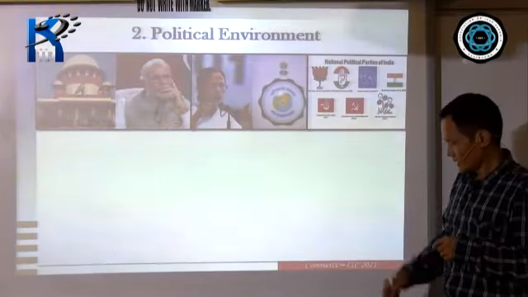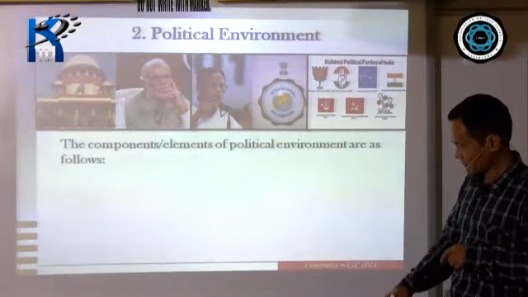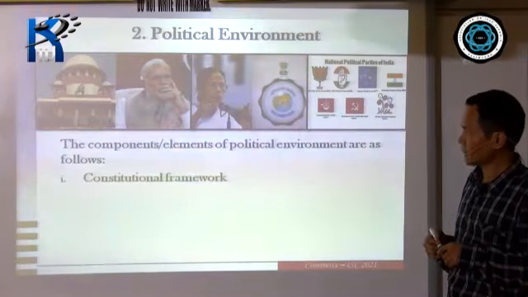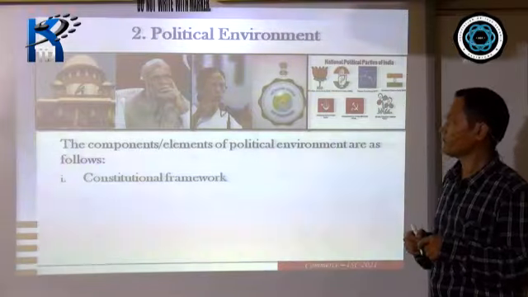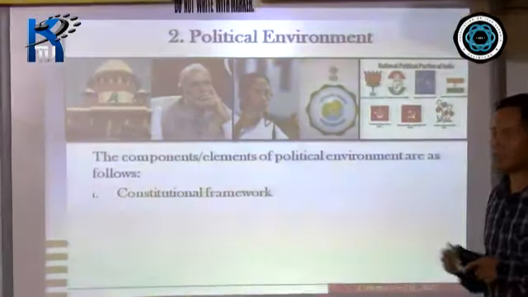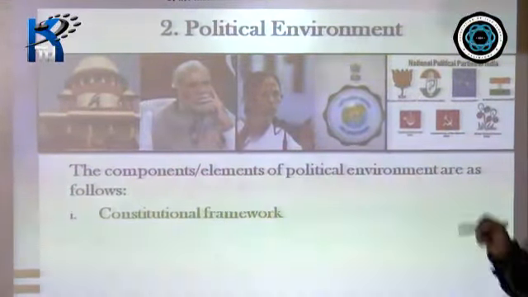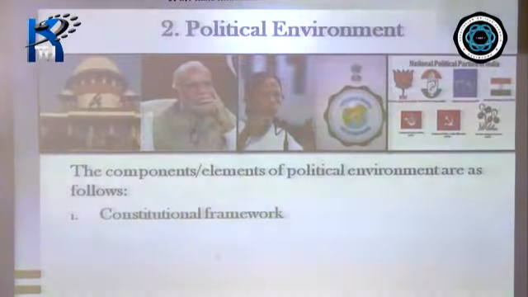Okay? The components of our political environment are, number one, constitutional framework. It refers to the fundamental rights and duties conferred by the constitution of the country to the politicians.